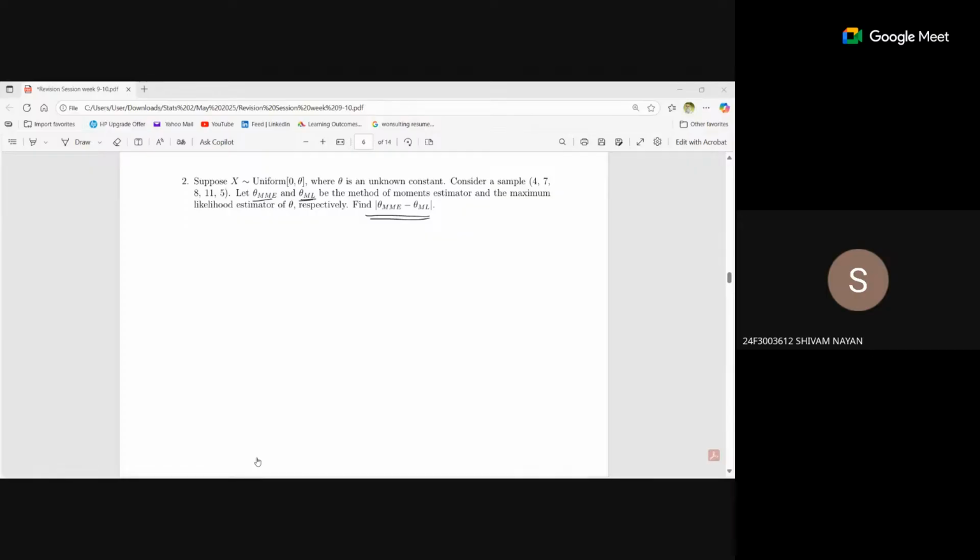You're just asking about the PDF, right? Yeah, this is 1 by theta, because X is uniform. Just carefully solve it and tell me the answer, okay?